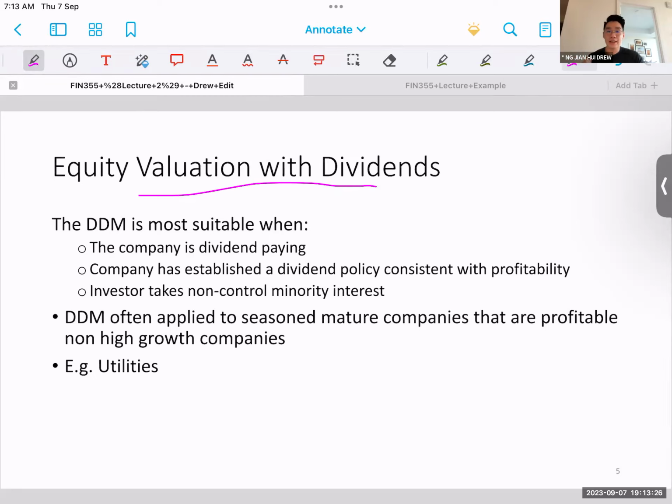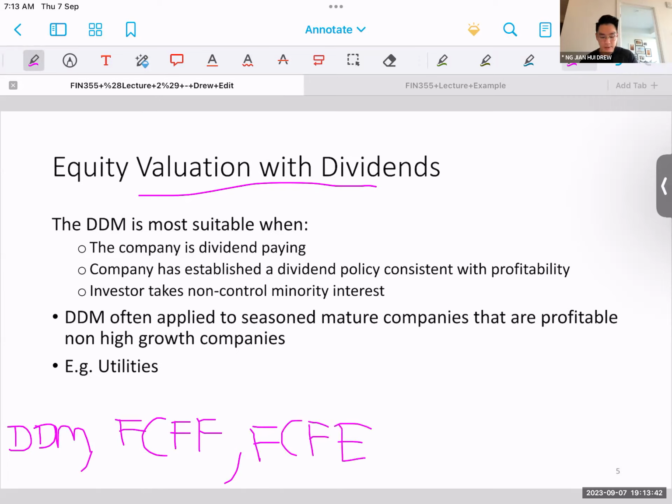Then we'll look at the free cash flow to firm, FCFF. Let me just write here the four models: DDM, free cash flow to equity, and RI, which is called residual income. So four models. Now let's kickstart with the first model.